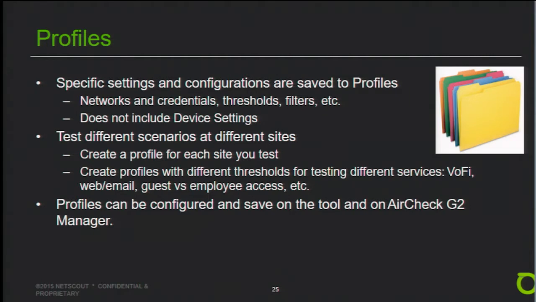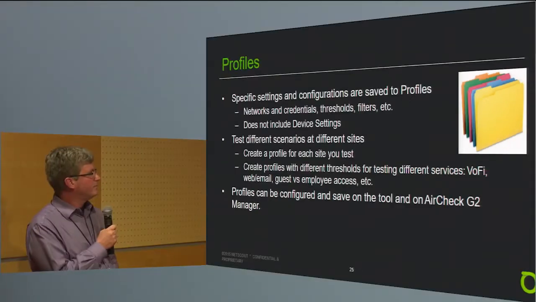You can save all these different profiles and load them on your tool. Then when you're out, all you have to do is load the profile you want, do your testing, save those, load the next profile, do your testing, save those. Those thresholds are good for pass-fail testing, so you can quickly look through your results for all the failures and dig deeper into those.